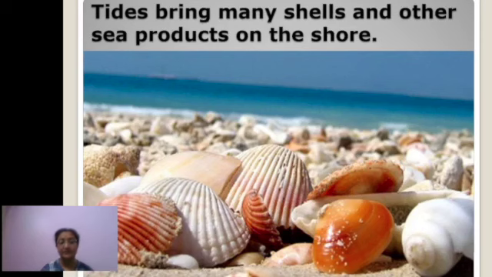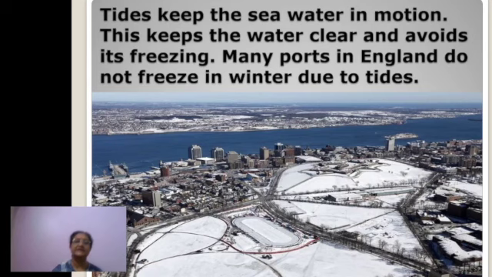One more advantage you can just note down here, that it brings many shells and other sea products on the shore. Many times several minerals we can get on the shore. Then another thing is that the tides keep the sea water in motion. The entire sea water continues in motion, and this keeps the water clear. Just now we discussed in the earlier point, the water remains clear, and moreover it avoids the freezing of water.